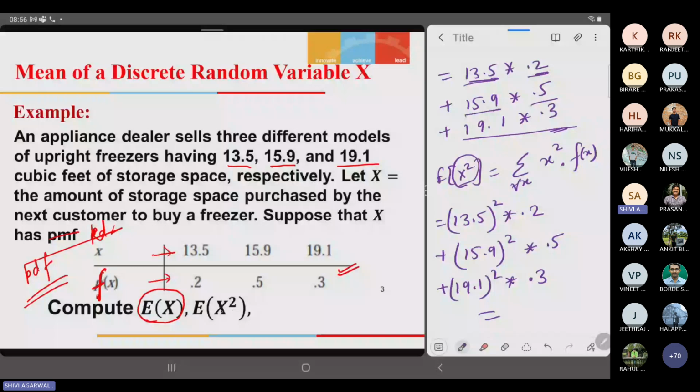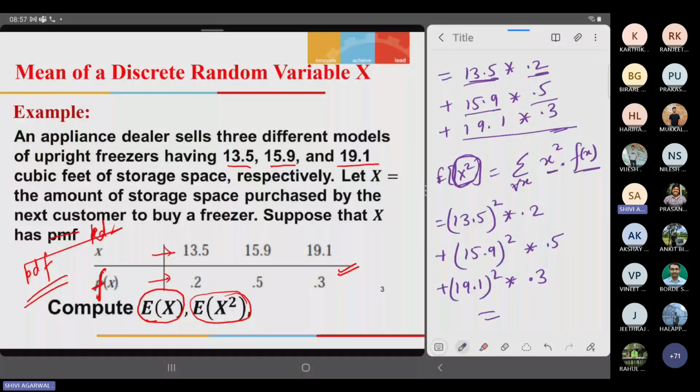So what we are saying here is that whatever the variable in the formula, it is x square multiplied by its density function, and then we take the summation for all possible values of x. Now you can also find the expected value of x cube. What is the formula? We take the cube of x multiplied by fx, and we take the summation for all.